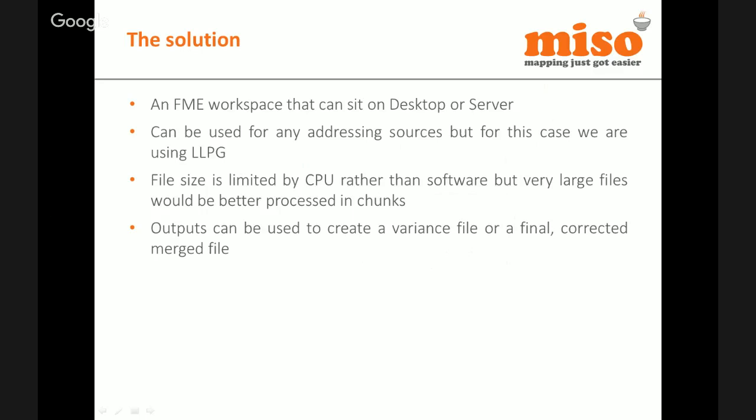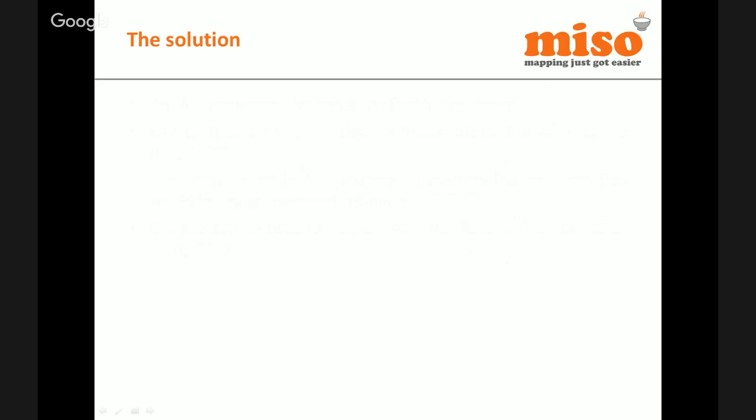Could we output that as a variance file, so you know that these are the top 10 matches, or this one is the most likely match, or just a corrected merged file where you find out which is the best and merge that and output it straight away, or produce a report to say we should replace it with this file.